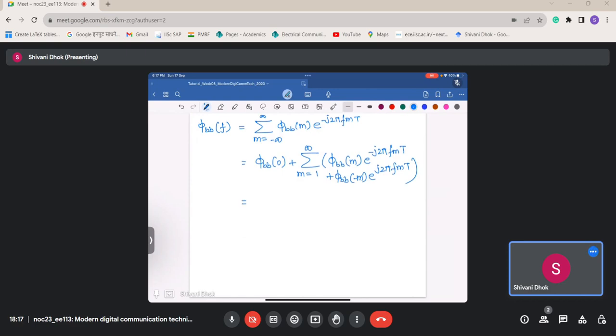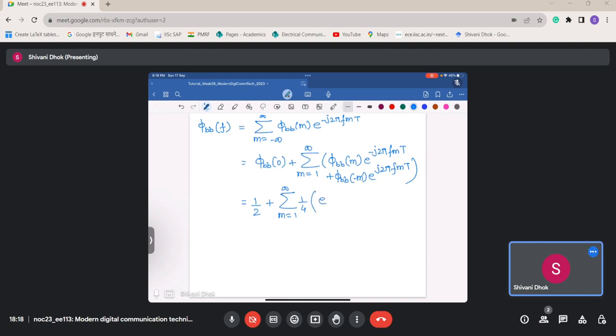Okay. So this phi BB of 0 is 1 by 2 plus summation M running from 1 to infinity. This phi BB of M for M running from 1 to infinity is 1 by 4, and even this is for phi BB for minus 1 to minus infinity. So this is same.